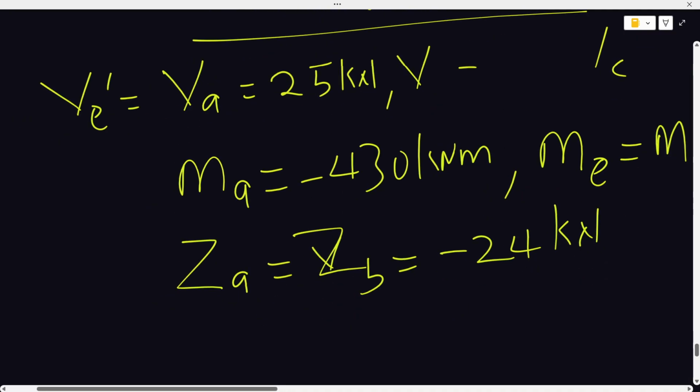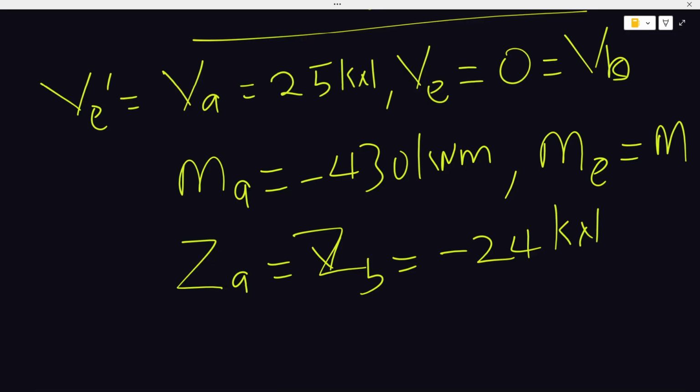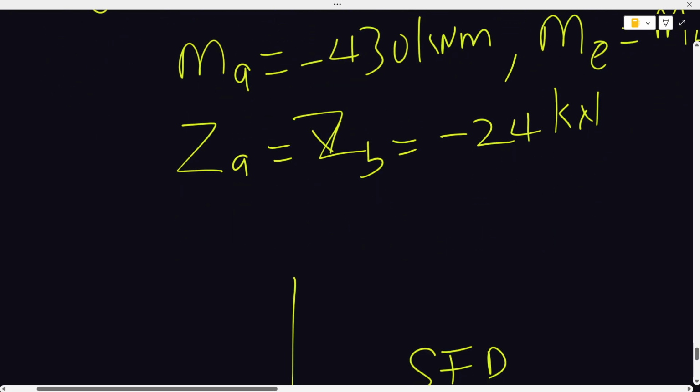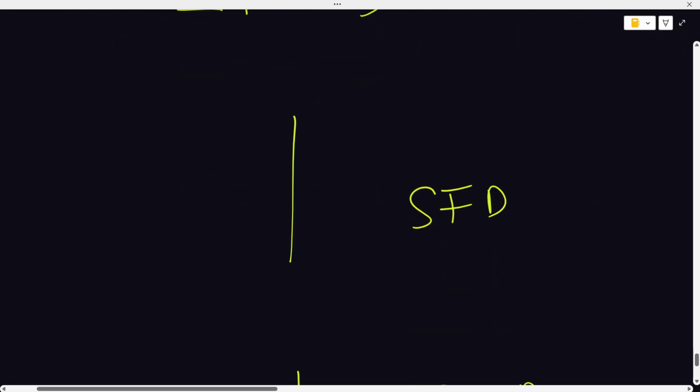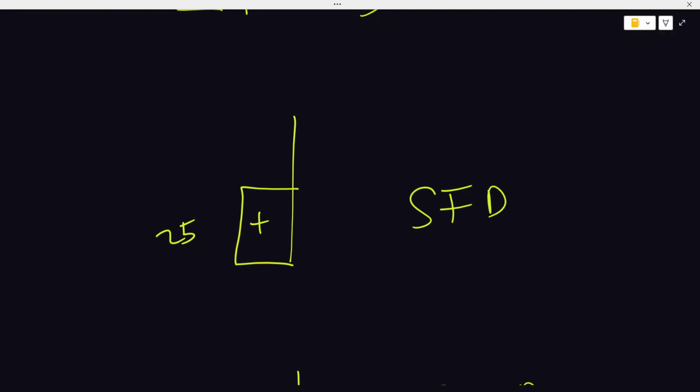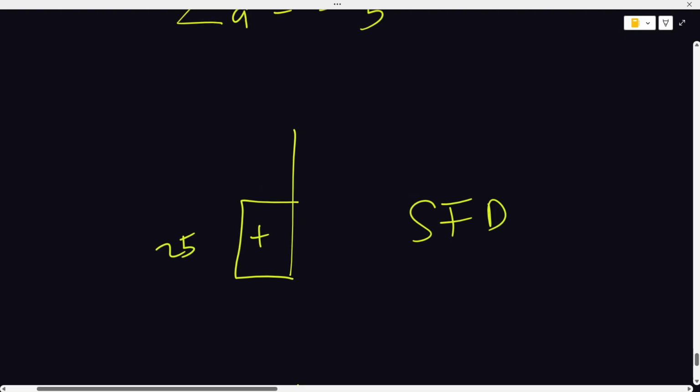But at E, when the action takes place, there is a jump. So A, E, B.